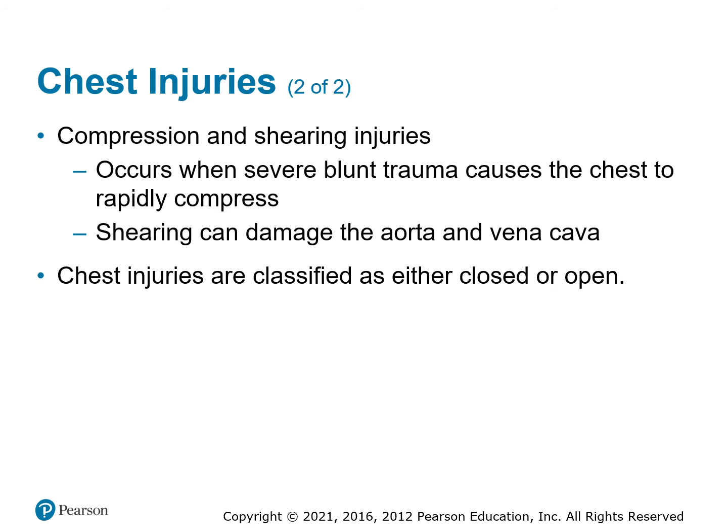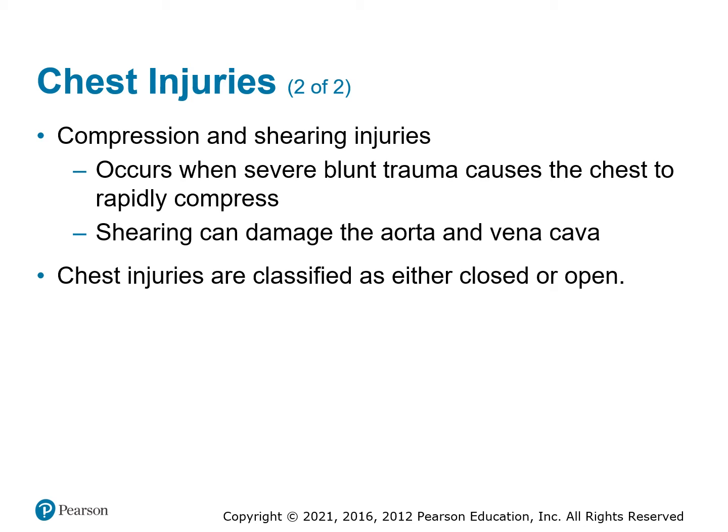Next category here is going to be compression and shearing injuries. Compression injuries are going to occur as a result of a blunt trauma, but it's going to be something that causes that chest to rapidly compress. So imagine a car without an airbag, and you're not wearing your seatbelt.